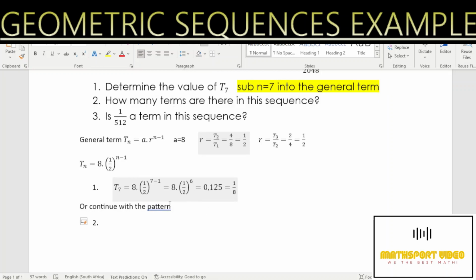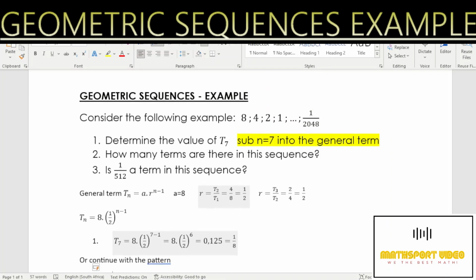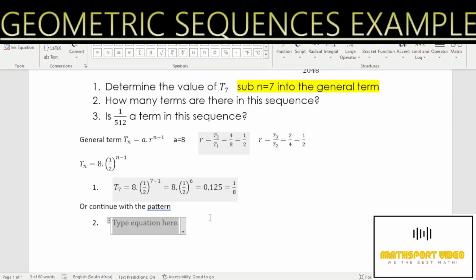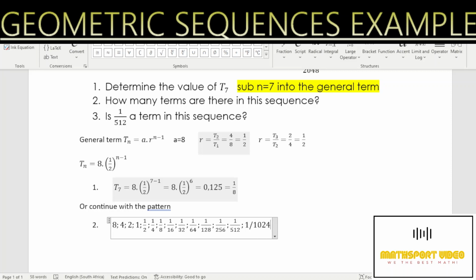If we continue with the pattern, we can find this answer very easily. 8, 4, 2, 1, and then a half, a quarter, an 8th, a 16th, 1 over 32, 1 over 64, 1 over 128, 1 over 256, 1 over 512, 1 over 1024, and 1 over 2048.